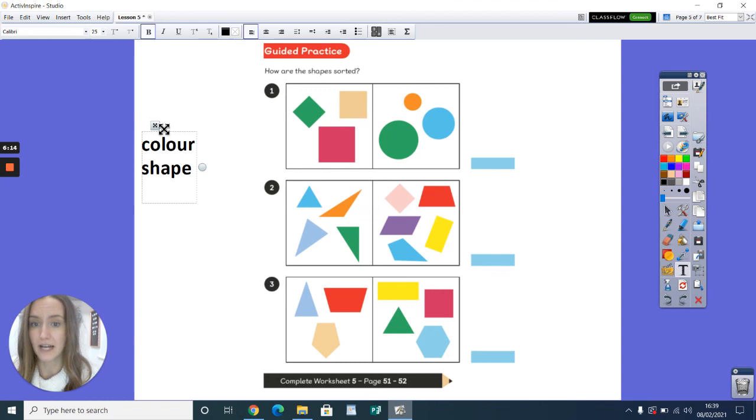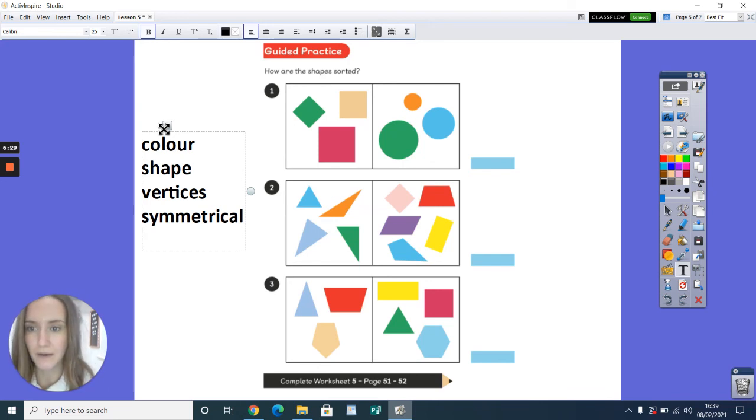Have they been organised by the number of vertices? How have they been organised depending on whether they are symmetrical? Have they been organised thinking about the number of edges they've got, number of sides? Okay, let's have a look.